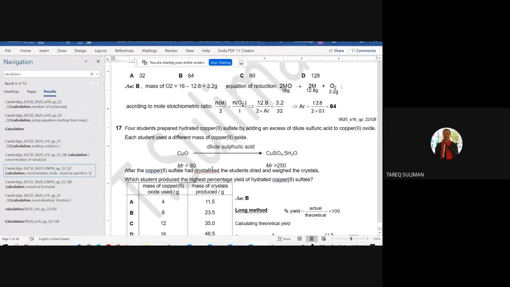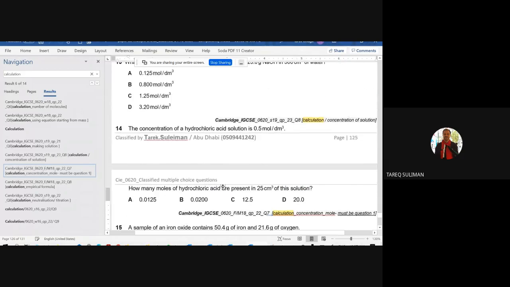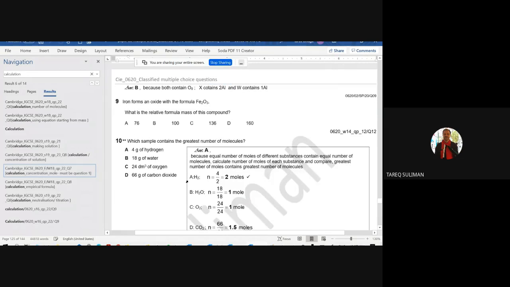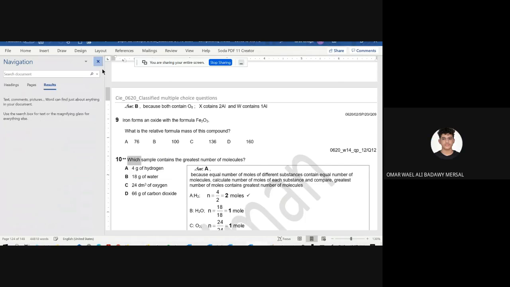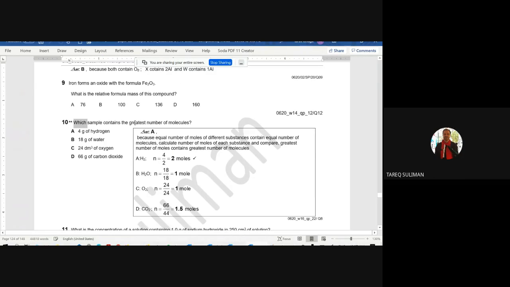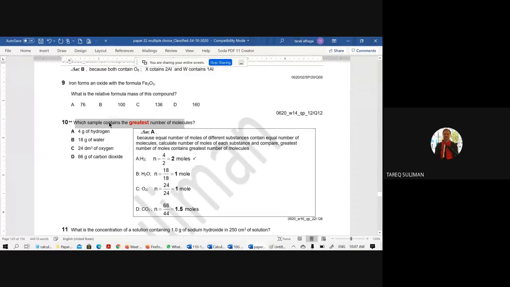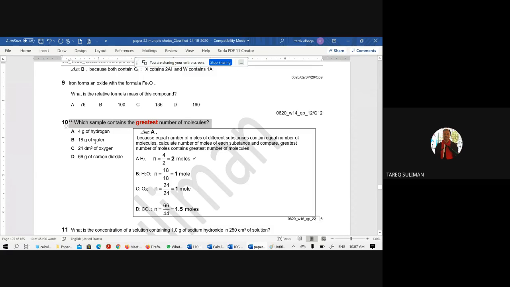Yes, we have it here. Which of these contain the same number of... yes, this is the question. Do you see it? Question 10. Which sample contains the greatest number of molecules? So there is comparison here. When there is comparison and it is a multiple choice question, to solve it quickly, no need to multiply by Avogadro's constant.